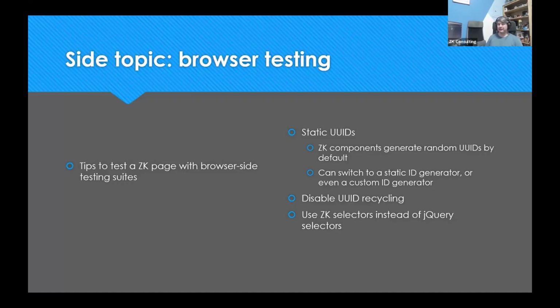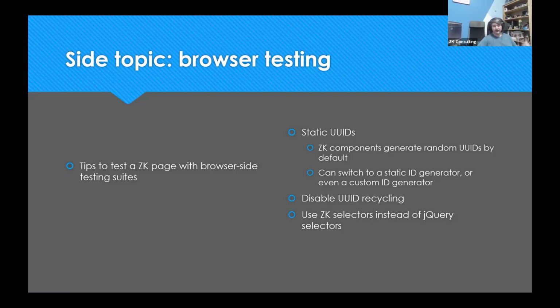So first is the topic of static UUIDs. If you've ever looked at the client page for a ZK page, you'll know that all of your DOM elements have randomized IDs. That is on purpose, both for consistency, security, for a number of reasons. ZK by default is going to create random UUIDs for every one of your components. That might be annoying if you try to retrieve a component with Selenium, with a jQuery selector, because you cannot easily find the ID of the component.